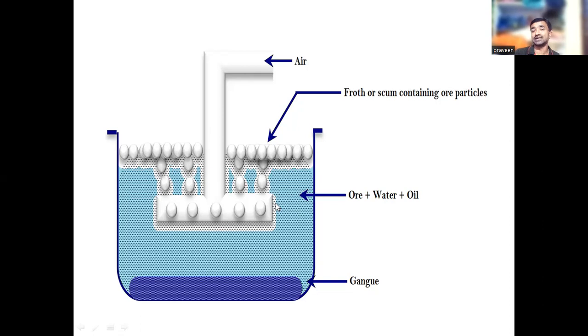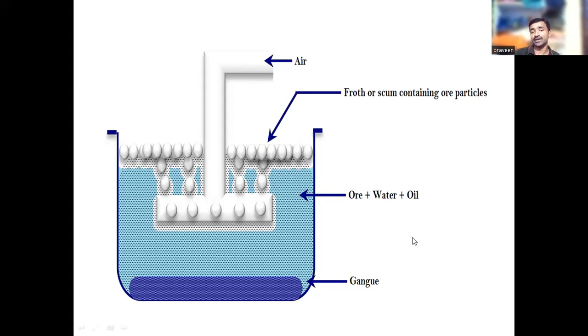Also, that froth contains light particles, called scum or froth. That can be separated at the top surface of the liquid and allowed outside into another metal jar or something else. You need to collect that froth.